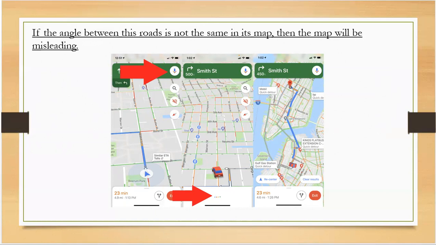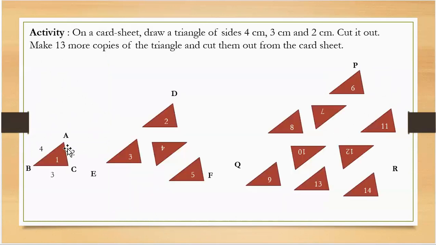Now there is one activity which you have to perform. If you want to perform it on a card sheet, it is well and good. Try this activity and explore what the similar figure concept is. Through this activity, we are going to learn the concept called proportional length or proportional sides.